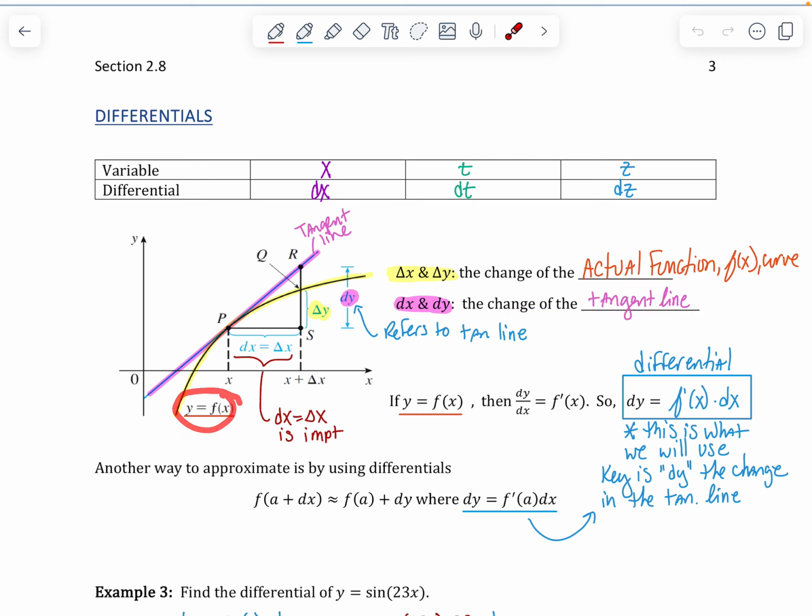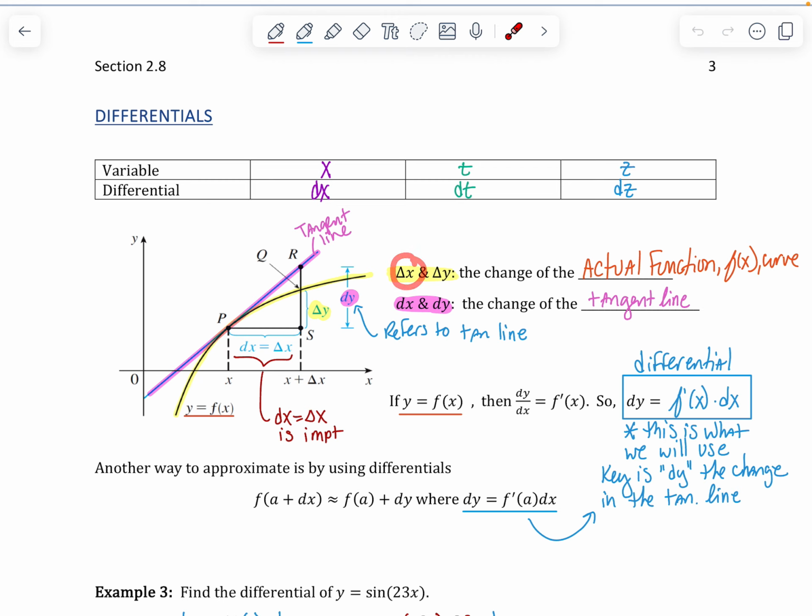So you're going to have f of x, or you could use y, to represent your curve. This is the actual function, the curve. But we have dx and dy, which are referring to my tangent line, and my tangent line is this straight line over here that I've highlighted in pink.